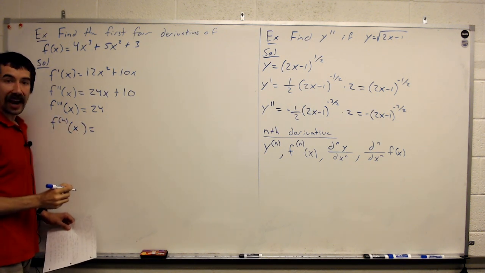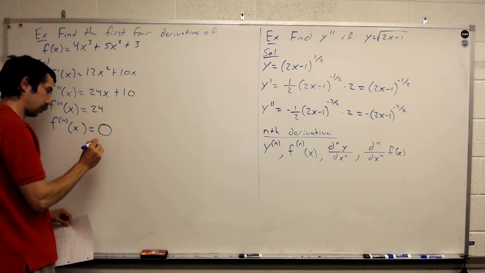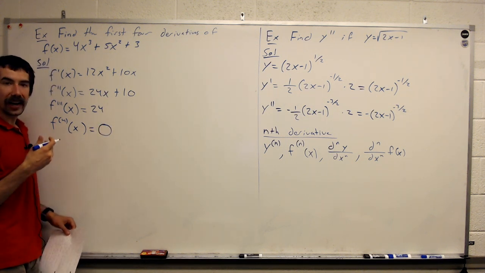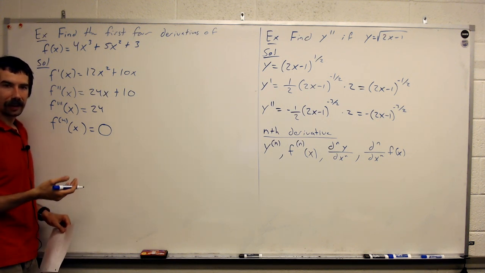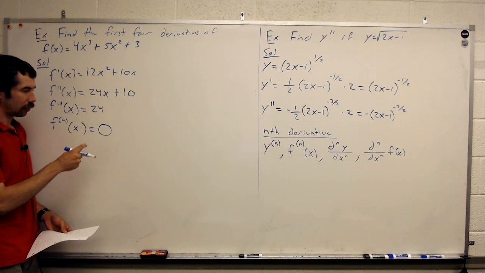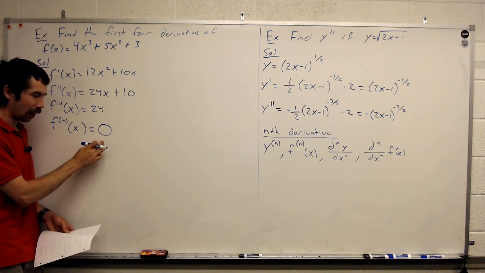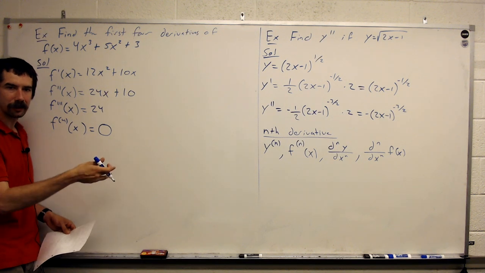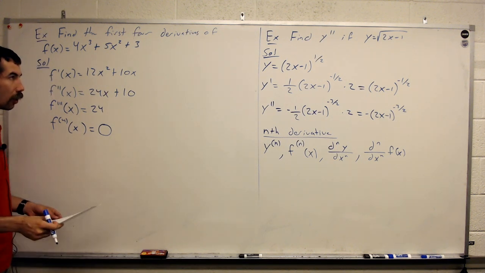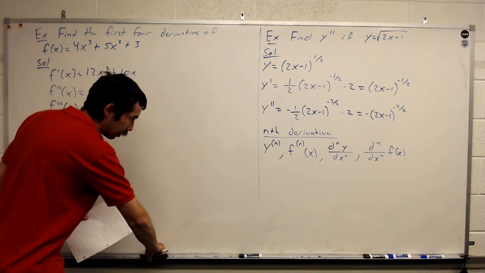The derivative of any constant is 0. If I asked you to take the 100th derivative, it would be 0. The derivative of 0 is 0. So all the derivatives after this are 0. So it is possible at some point you find this pattern of all zeros.